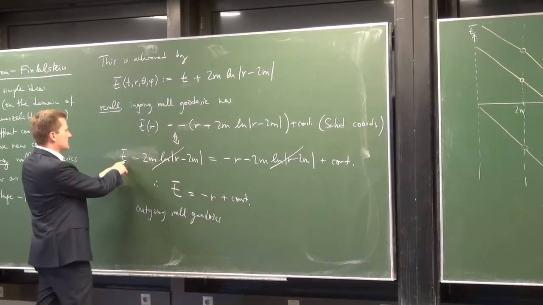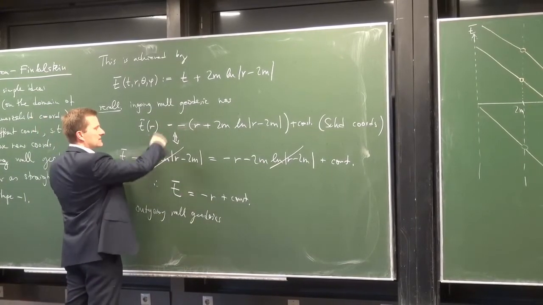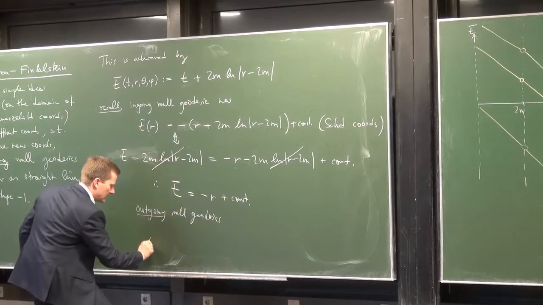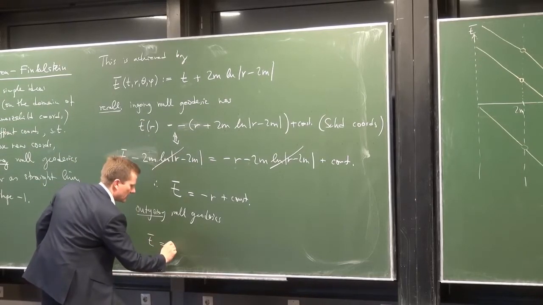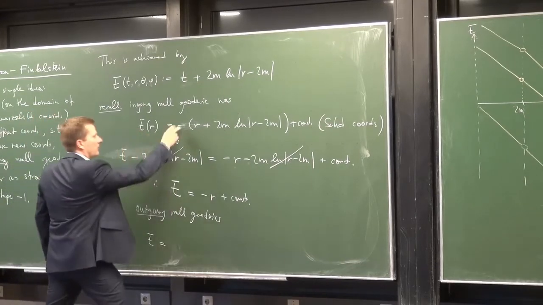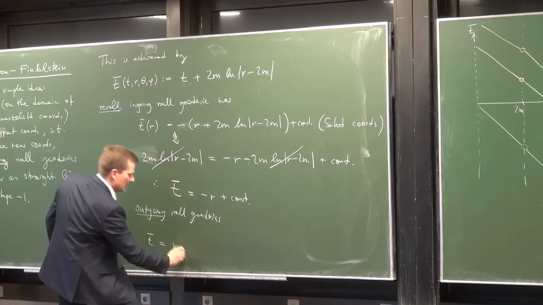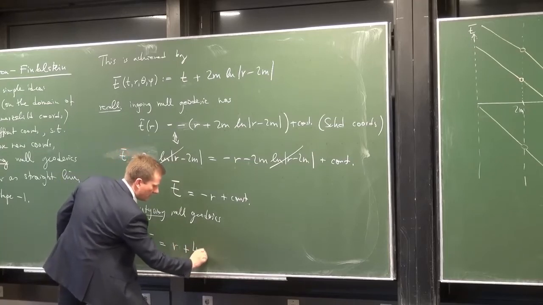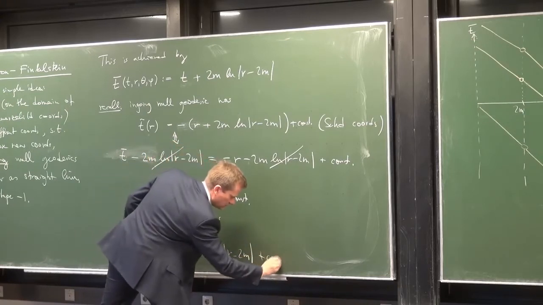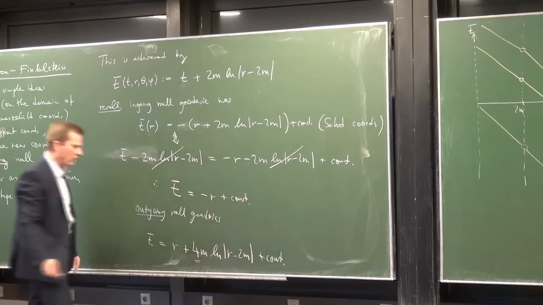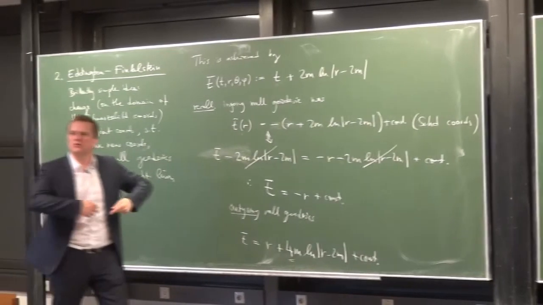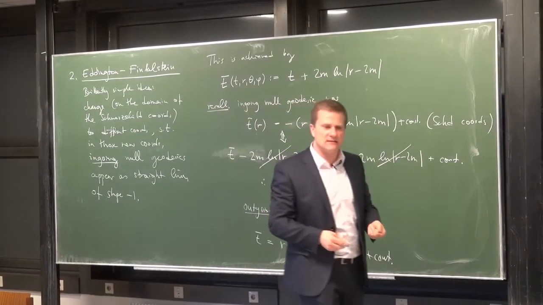If I do this, I still replace the left-hand side by this, take it to the other side, but now there was already a plus here and there, so the outgoing ones have t bar equals, not minus r, equals plus r, because there's an overall plus here, plus r, and then plus 4m ln r minus 2m plus constant. Aha, so the 2 changes to a 4, but it doesn't look nicer. So it is not the case that by this transformation we also got the outgoing ones in a nice fashion.